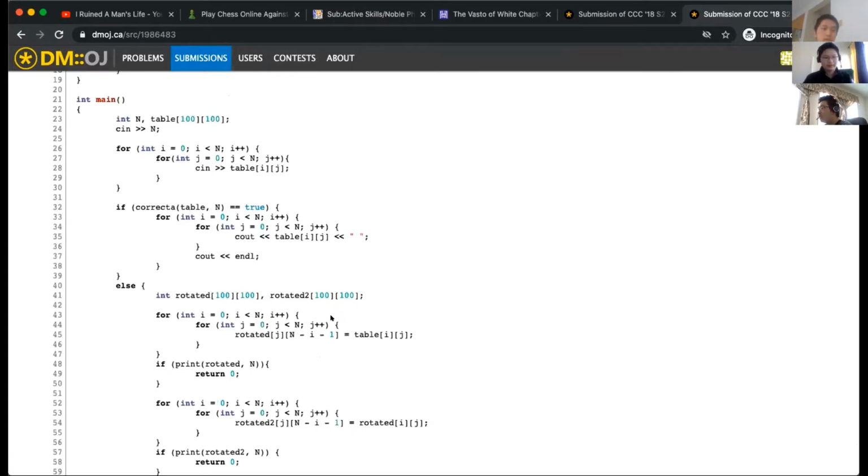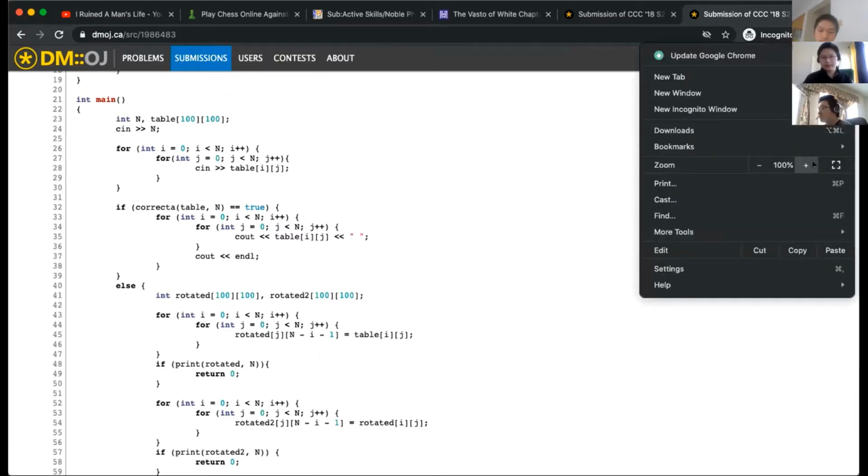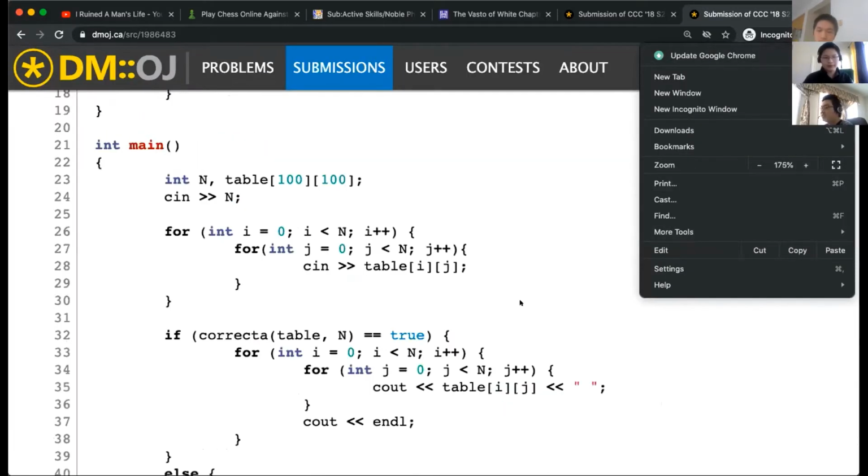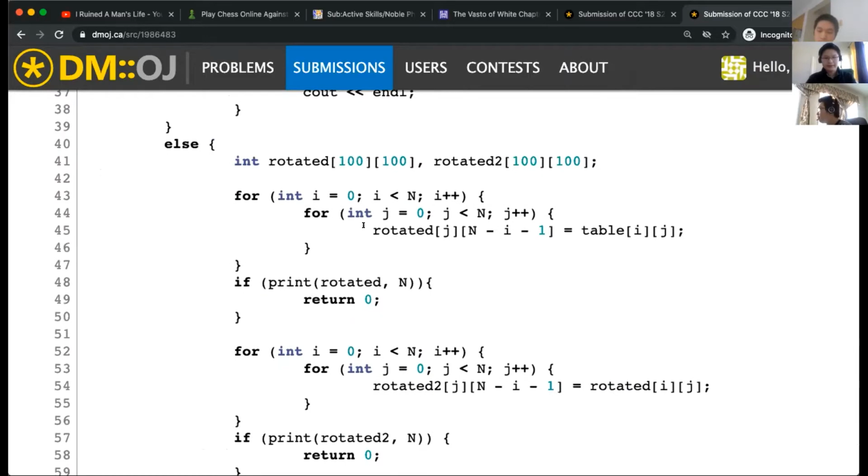But you can see here that the main point I want to talk about is this line right here. This is the most important part, and this is how you rotate a grid 90 degrees clockwise. For any position, you would move it like this.